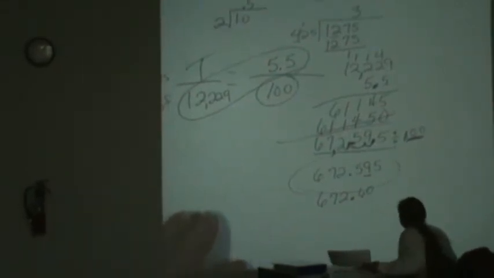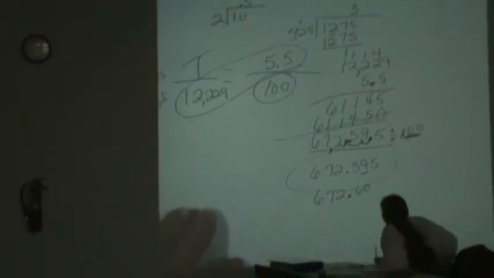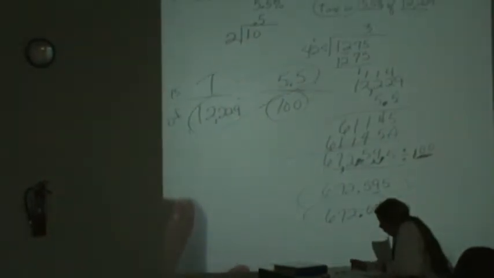$600 is still a lot of tax, but you just bought a $12,000 item, hopefully it's a vehicle or something big, okay? So 672.60 is your tax, right?